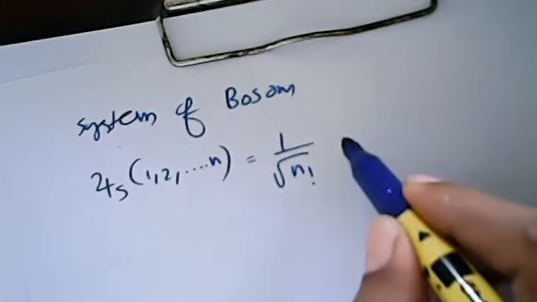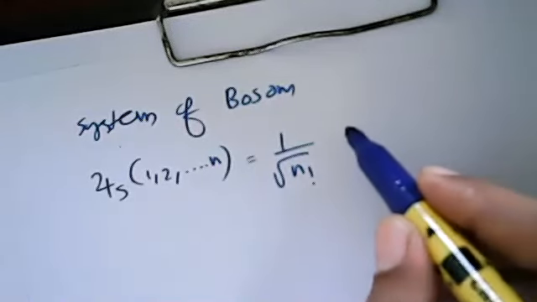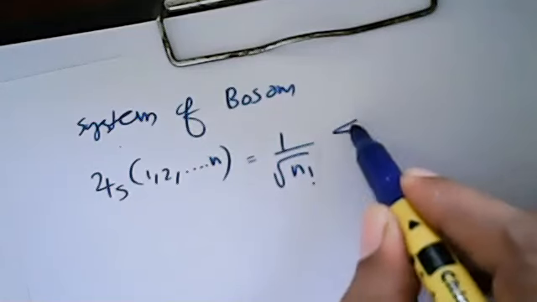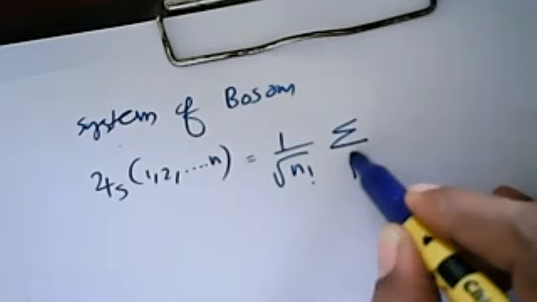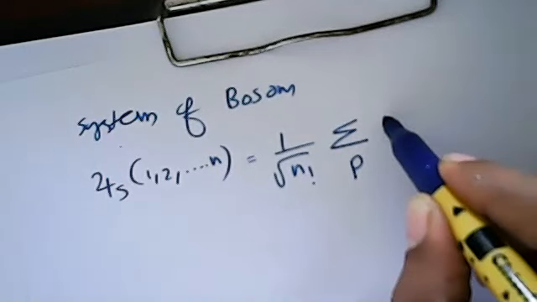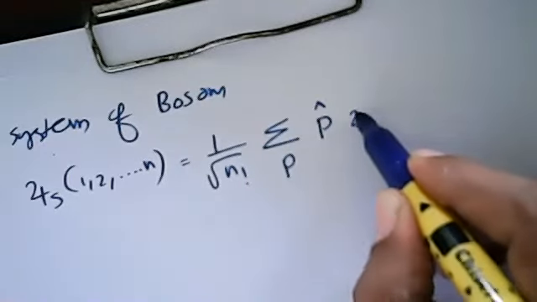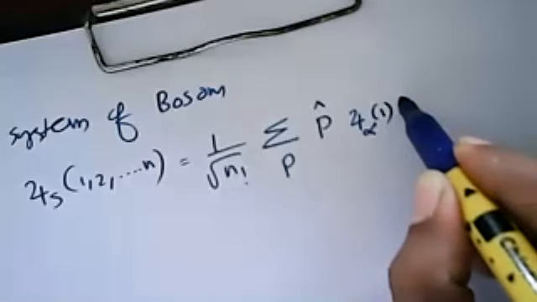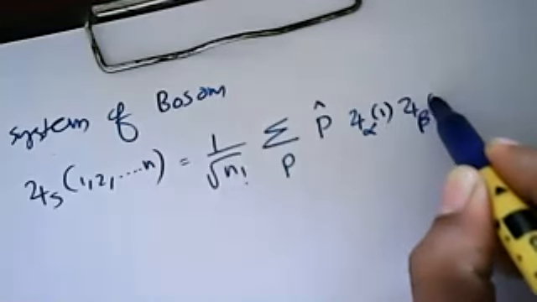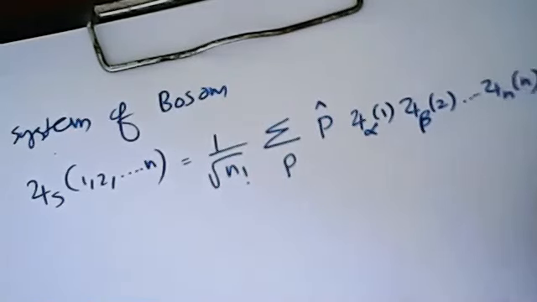Then you can do many interchanges, then you sum over that interchange, sum over p. Then let p act on psi alpha 1, psi beta 2, etc., psi n of n.